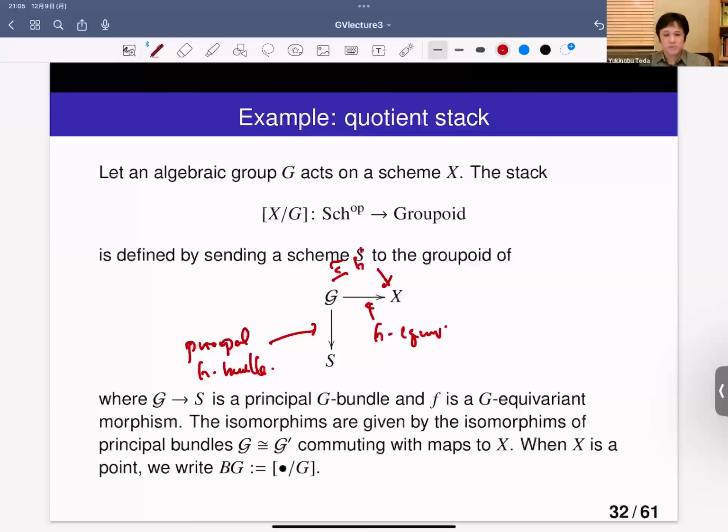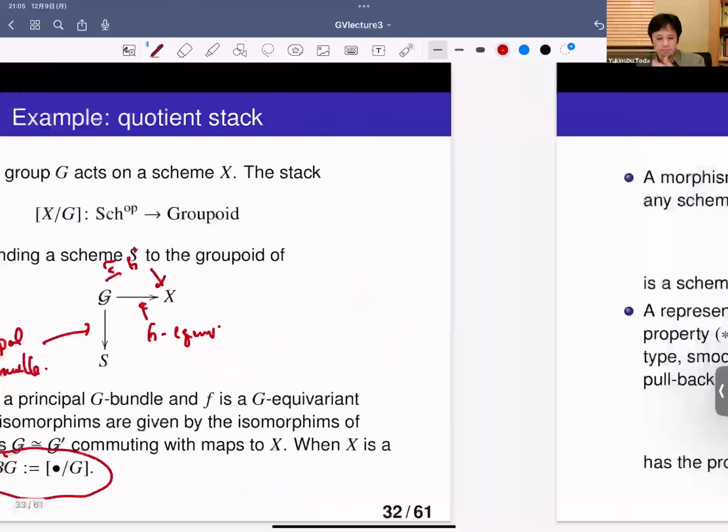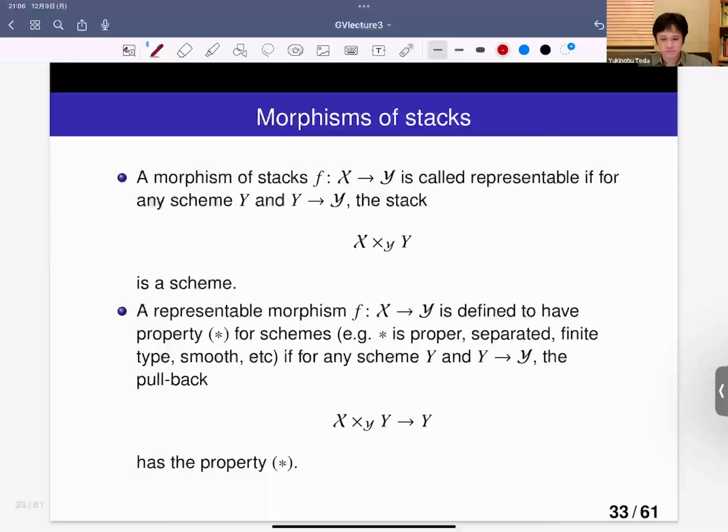So when X is a point, G acts on this point trivially, of course. In this case, this is written in this way. This is the so-called classifying stack. Then there are several notions of stacks.